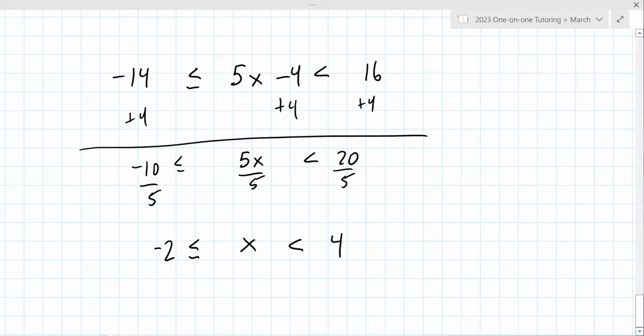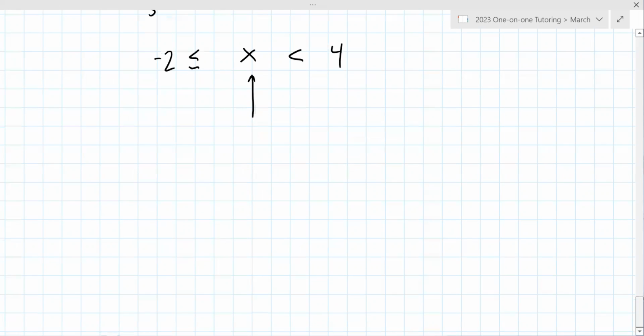When x is alone, what does that really mean? It means it's the only thing between these two inequalities. Okay, and it is. So this is your final answer. Is x equals -3 a solution? No, it is not.